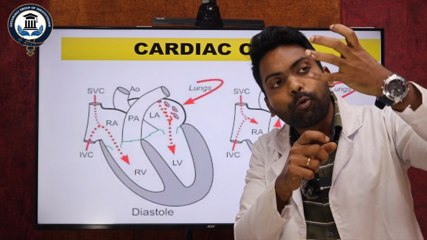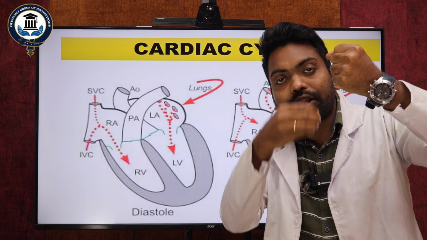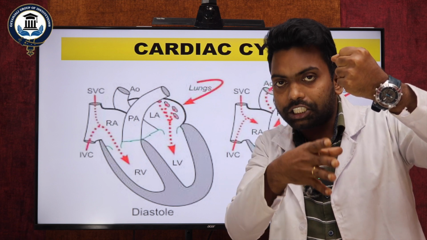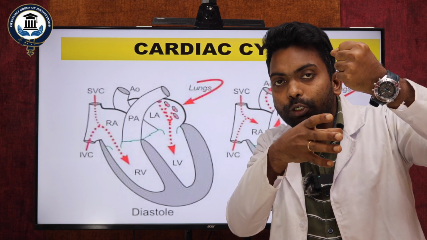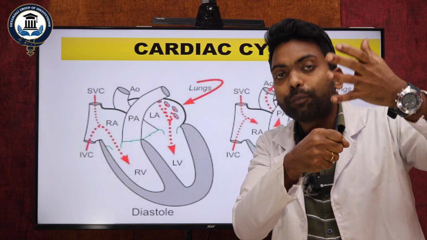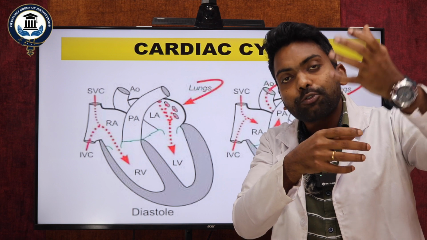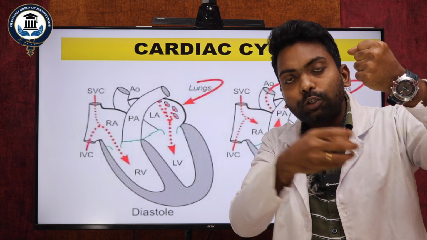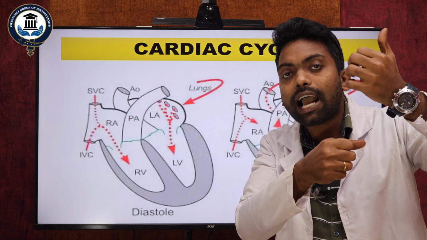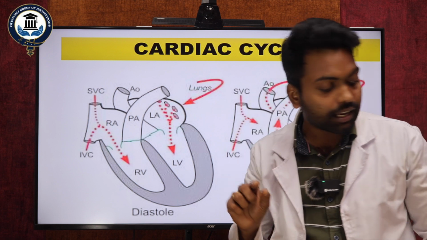When both atriums contract, simultaneously both ventricles go into diastole, meaning relaxation. When both ventricles are in diastole, the atriums relax as well. It is a simultaneous process: the upper two chambers and the lower two chambers act at the same time. Simultaneous events occurring in the heart are called the cardiac cycle.